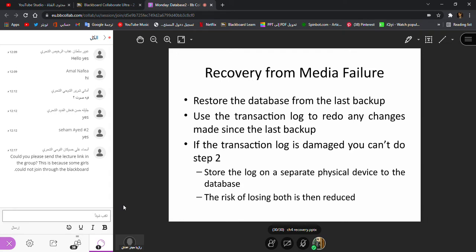But there is a second possibility that you also lost your log on the primary storage, so try to get the backup of your log from the secondary storage and then try to recover your database. This is the only option. Otherwise, if you have completely damaged your media and also do not have a backup, it's very hard to recover from media failures.